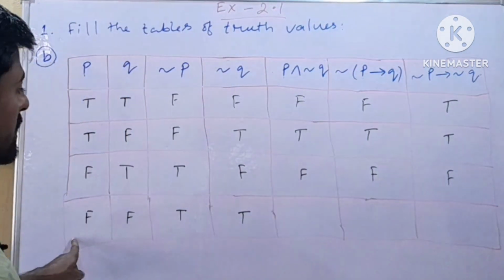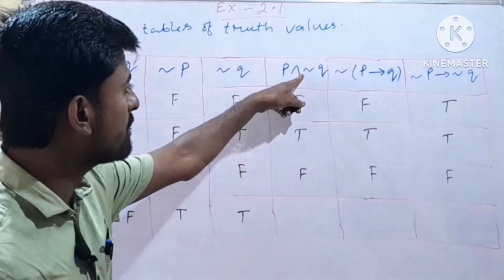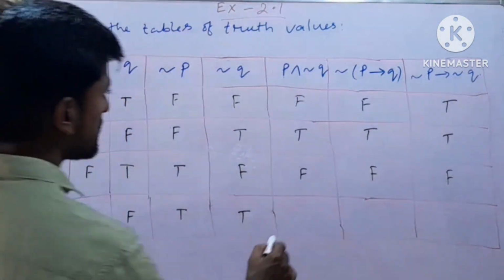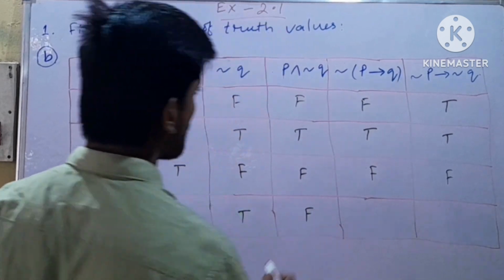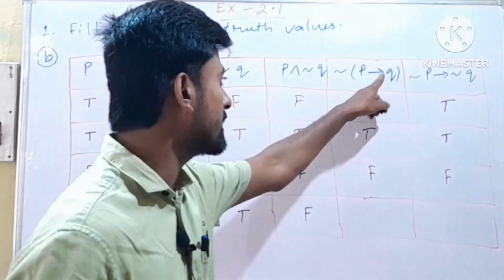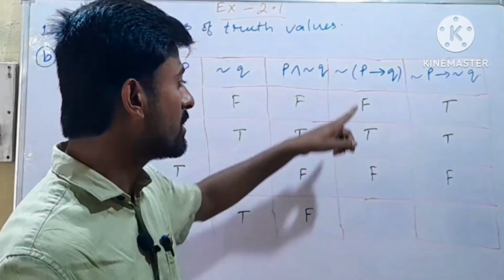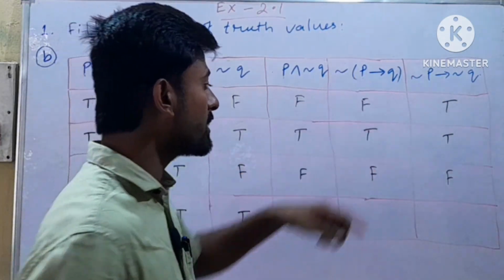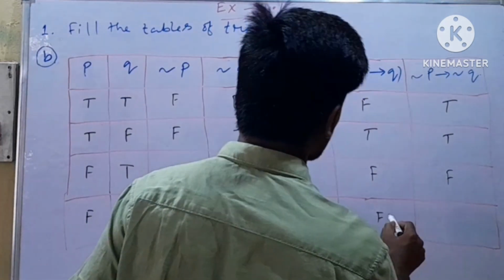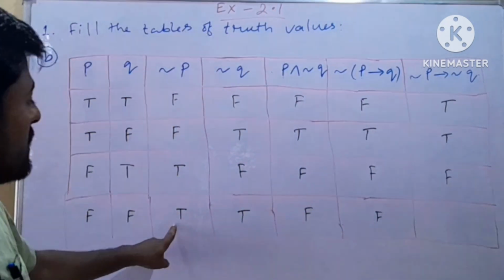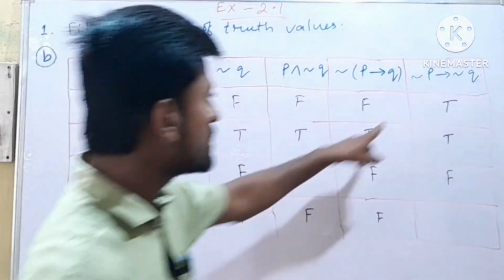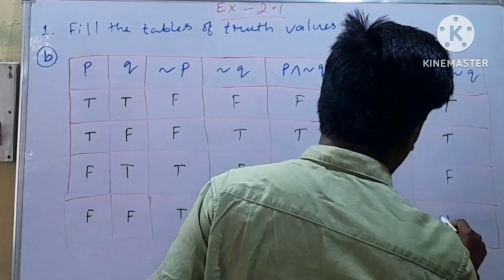Now P is false negation of Q is true, so conjunction will be false. P conditional Q, P false, Q false, so conditional will be true, but negation of P conditional Q will be false. Negation of P true, negation of Q is also true, so conditional will be true.